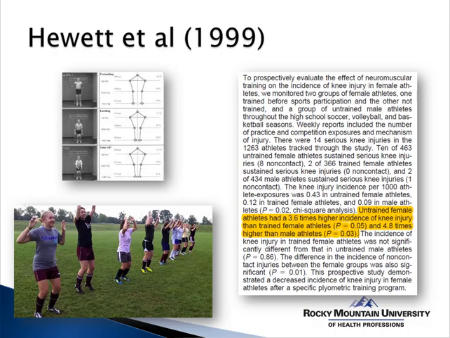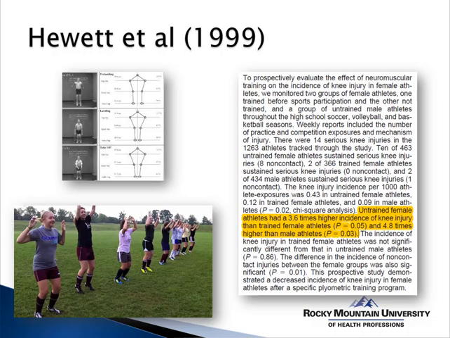And what they found after the course of the intervention, which I believe was 6 weeks, though I'd have to go back and double check that, was that after participating in the program during the season, the untrained females had the greatest risk of injury. Their risk of injury was higher than both the trained females and the males who received no special training.